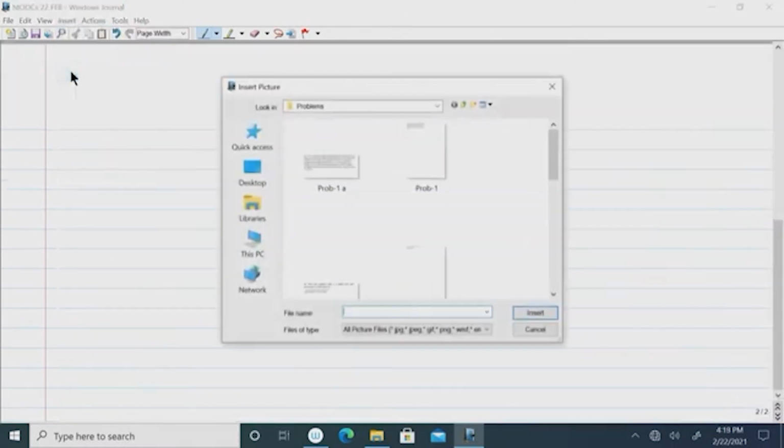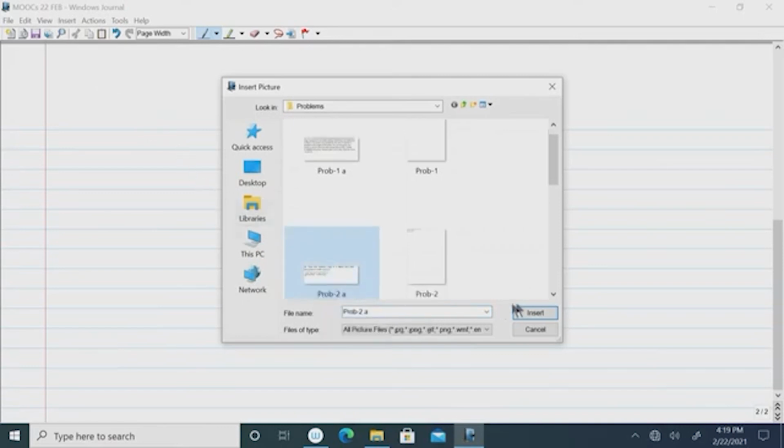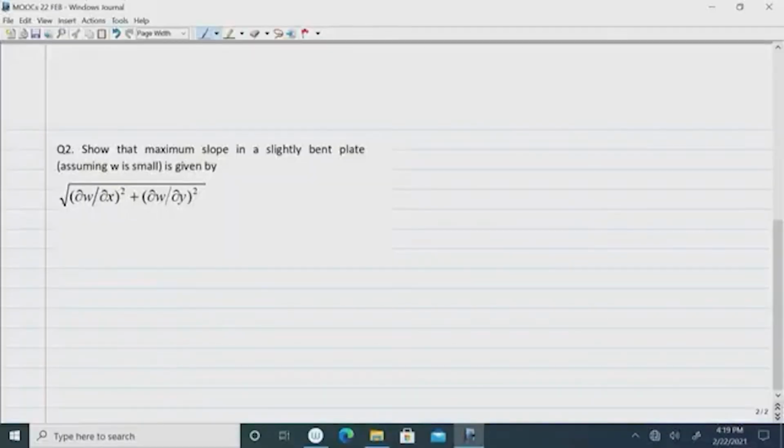Next problem, let us see. We have this regarding slope. The problem is that the maximum slope in a slightly bent plate, assuming w is small, is given by under root of (dw dx whole square plus dw dy whole square). Now, let us show the coordinate axes, x, this is y.